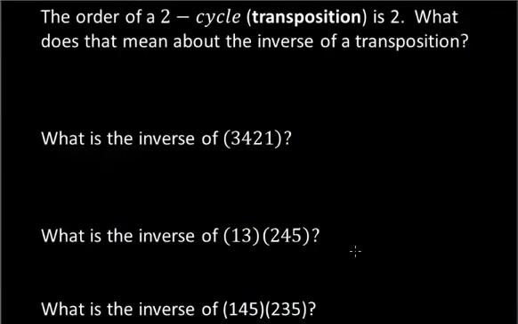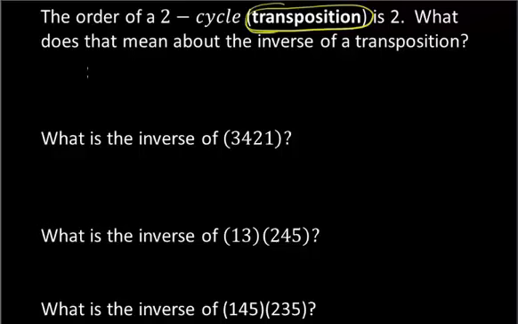Now we've already talked about inverses here, but just to mention it one more time, this is called a two-cycle or a transposition. A transposition just changes the place, transposes two of the elements of A, two numbers. What does that mean about the inverse of a transposition?